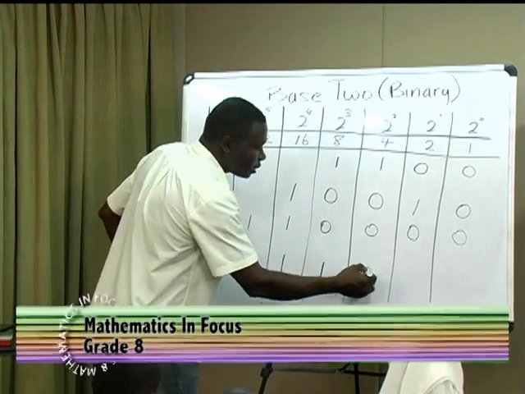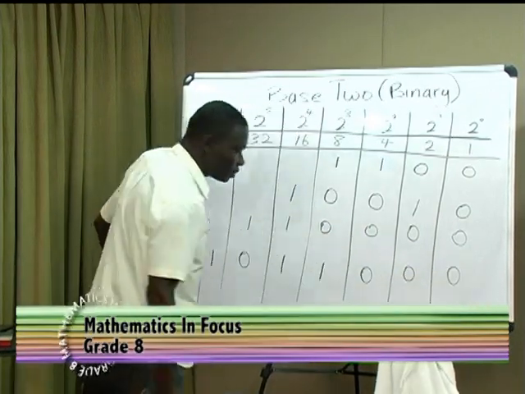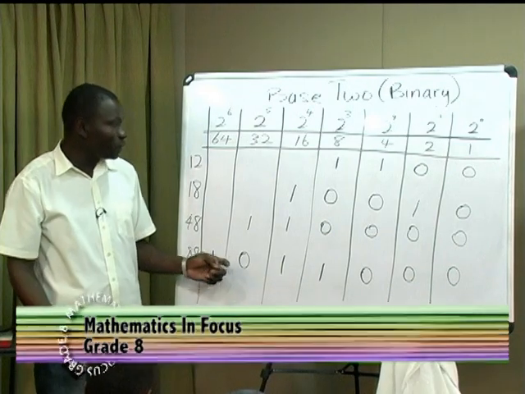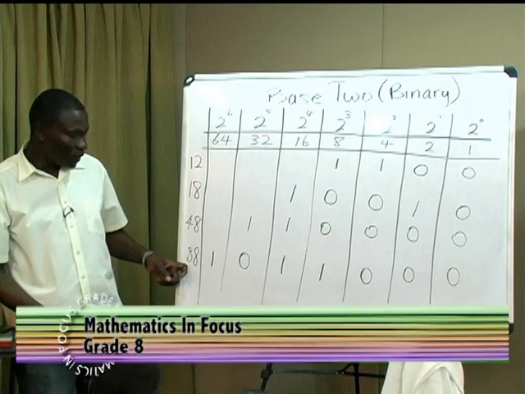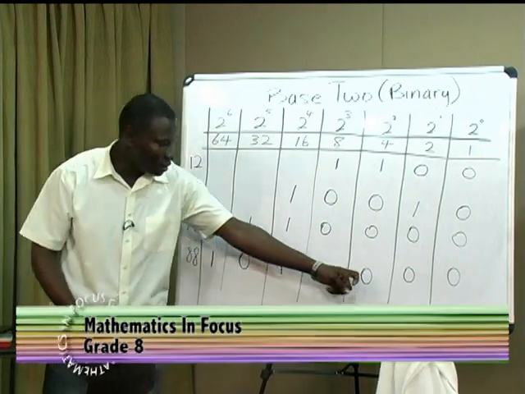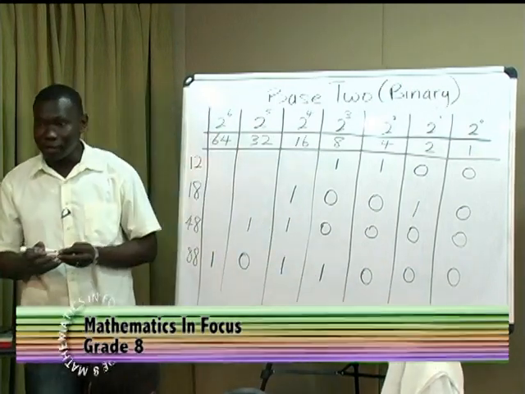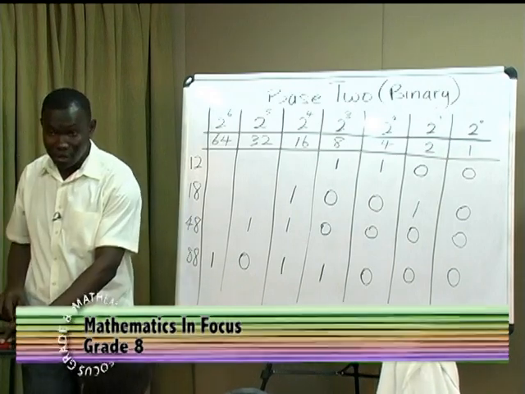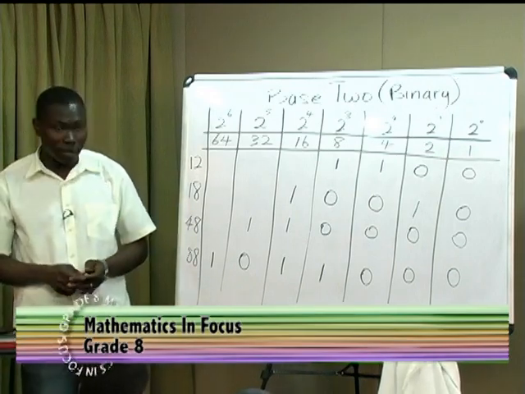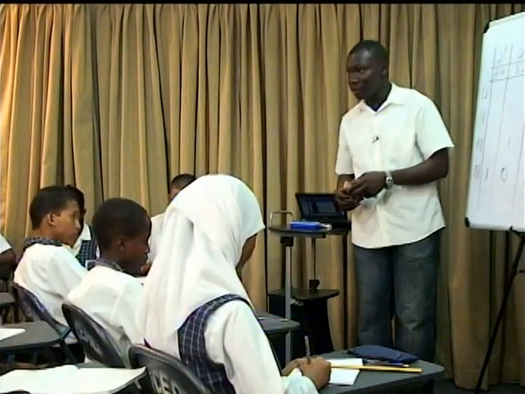Then we can't take anything else. That will take us to 88 straight away. So it's a 64, a 16, and an 8. So we can say 88 in base 10 is written as 1011000 in base 2. And this is a way, if you have a table like this, you can easily convert from base 10 into base 2.